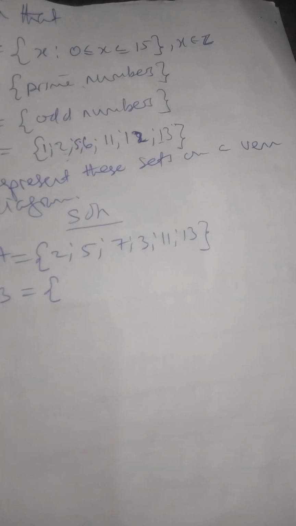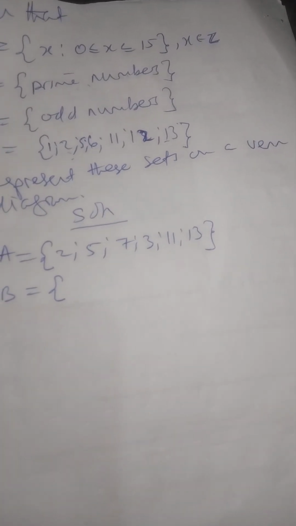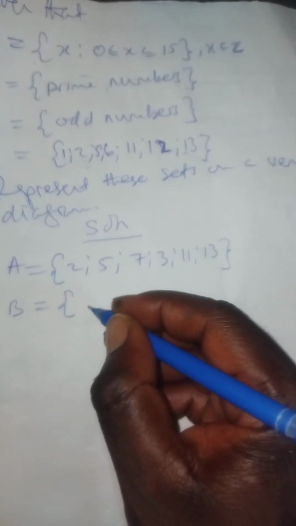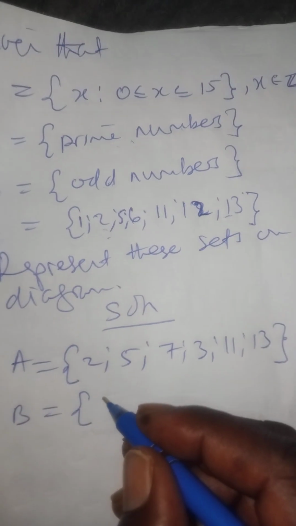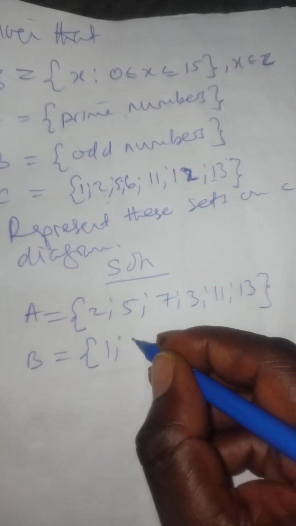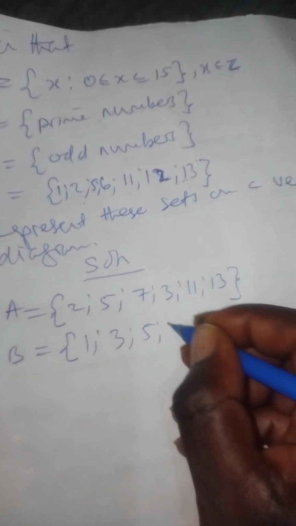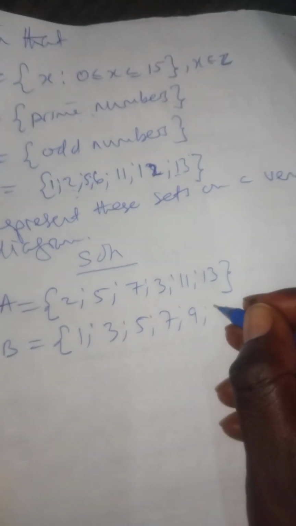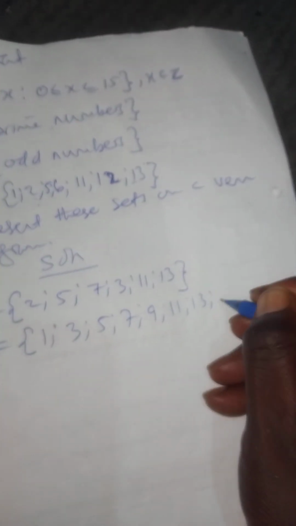So in our case here, from the universal set, what are the odd numbers? We have 1, 3, 5, 7, 9, 11, 13, 15.